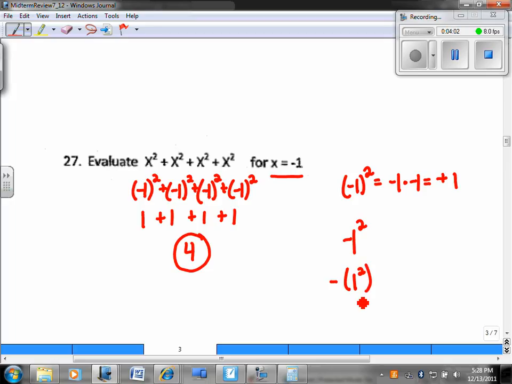That's something different. That's not equal to negative 1 squared. This one would be negative 1. But negative 1 squared is positive 1. So be very careful what you put into your calculator. You must put it in like this, the quantity negative 1 squared, by putting it in parentheses.